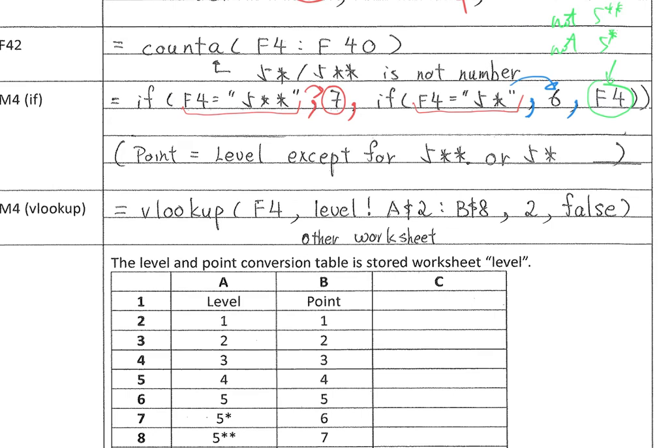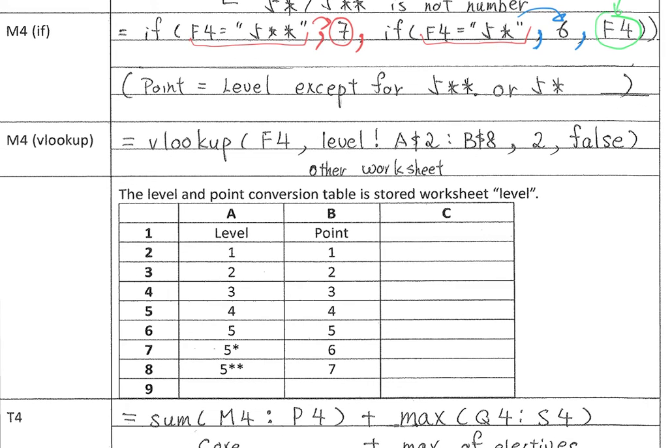One other way is that we can use VLOOKUP also. But for VLOOKUP we should have a lookup table. So this is a lookup table. In this case, we will store the lookup table in another sheet called level.